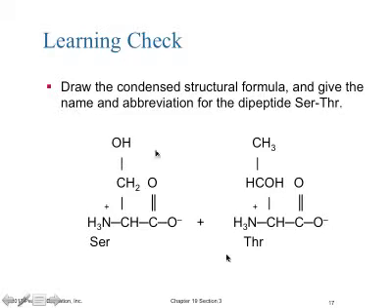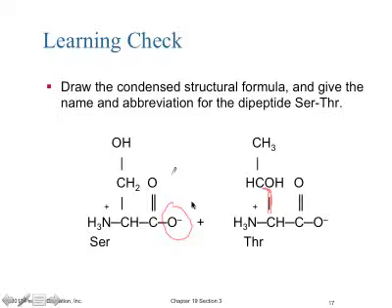We're going to take these two amino acids, which I fixed and it's still a little off. This bond here should be to this carbon, so let's do that. We're going to put these two amino acids together, serine and threonine. Remember, this oxygen comes off and two of these hydrogens come off.